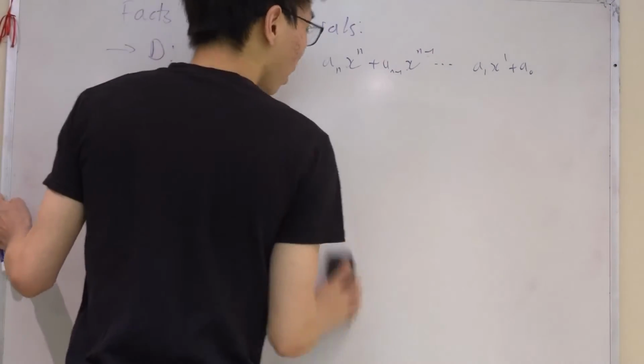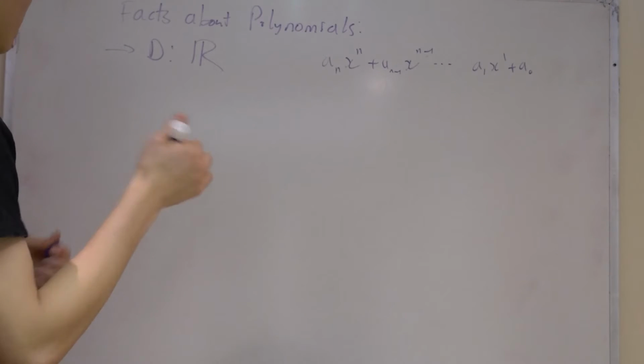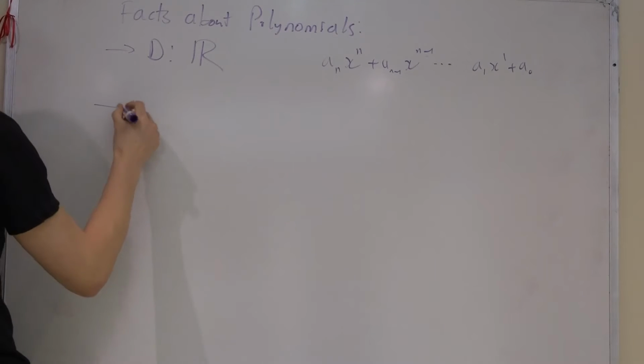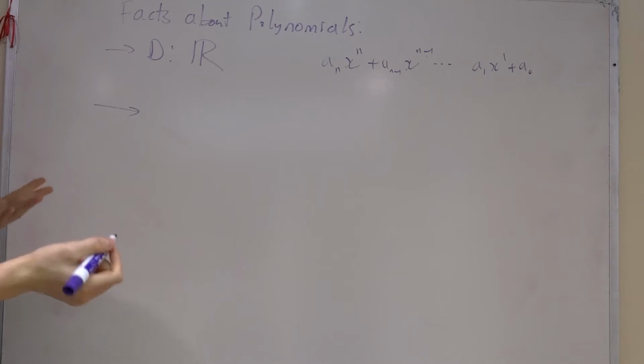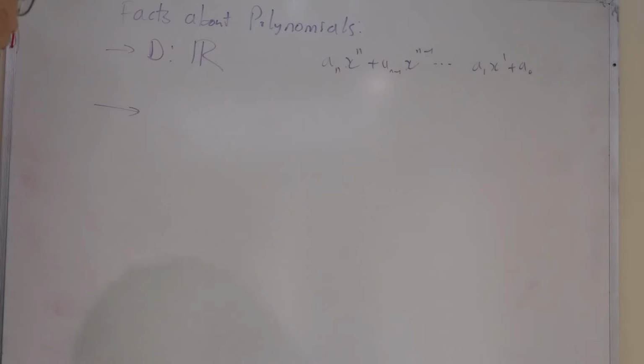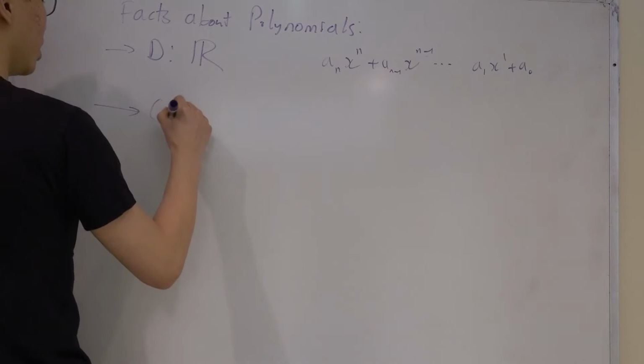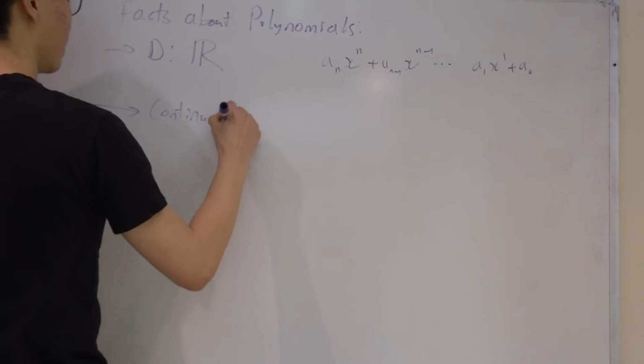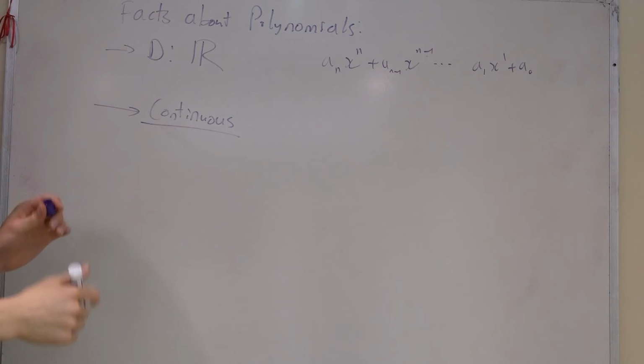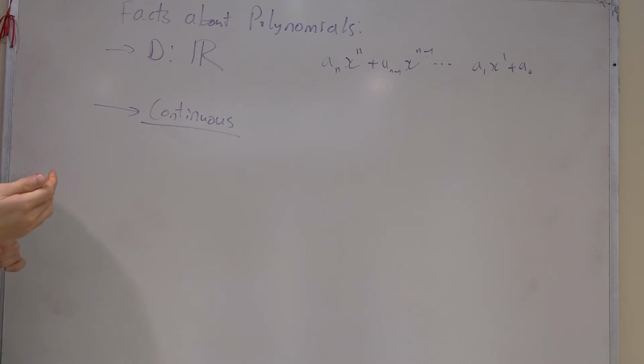Here is another nice property about polynomials. Now you may be wondering why I'm not going to mention range. I'm not going to mention range because we're going to get to that, but later. Okay, so another fact about polynomials is that they're always continuous. Now I don't have the machinery, and you don't have the technical knowledge, to be able to prove this the way you should prove it.